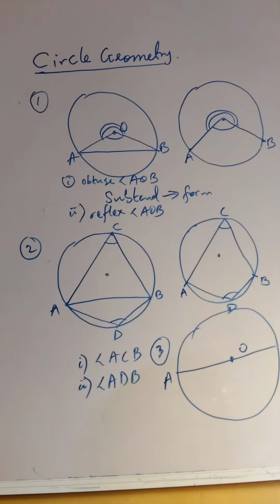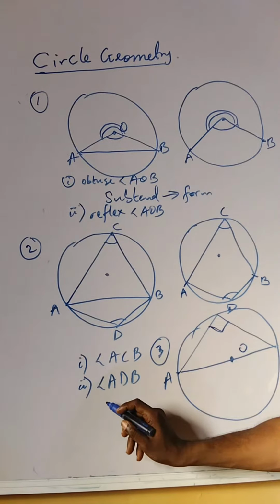Now, it also subtends an angle at the circumference. So when we form an angle at the circumference by this diameter, this angle is 90 degrees. So it's constant. No matter the direction of the diameter or the angle formed, that angle will be 90 degrees. So take note of that.